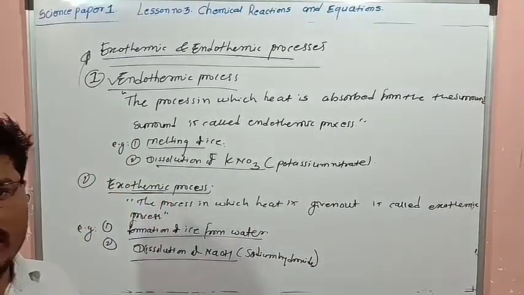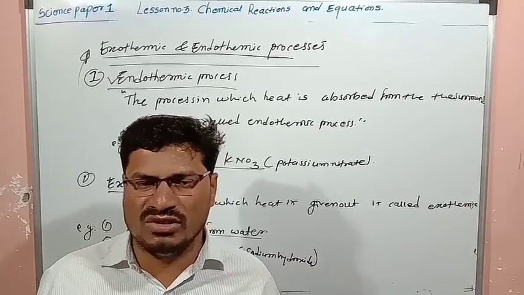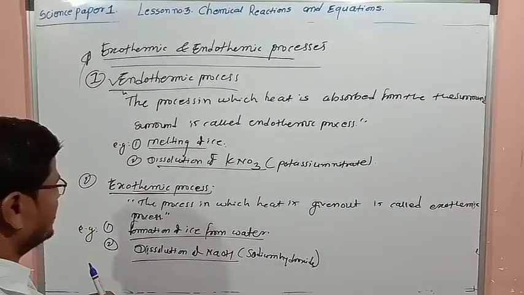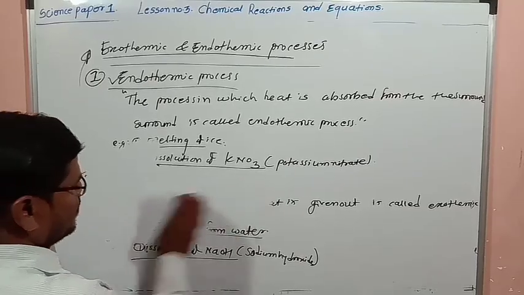The third example is the dilution of sulfuric acid, the dilution of concentrated sulfuric acid. This is the third example of an exothermic process.